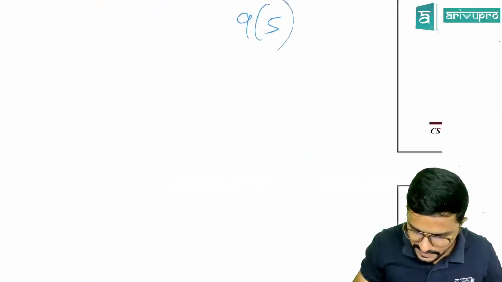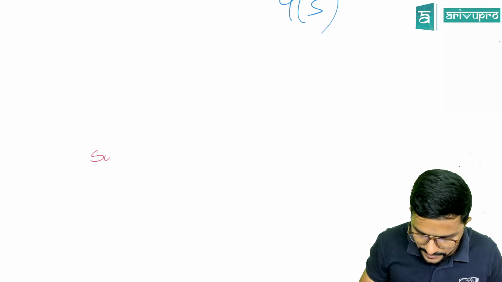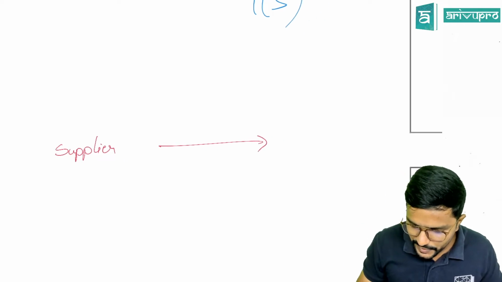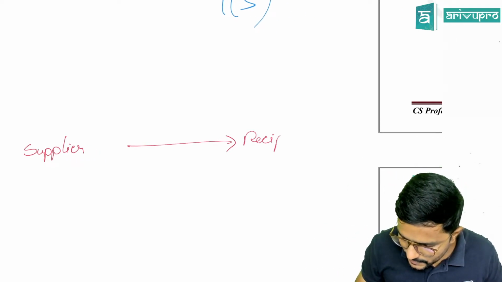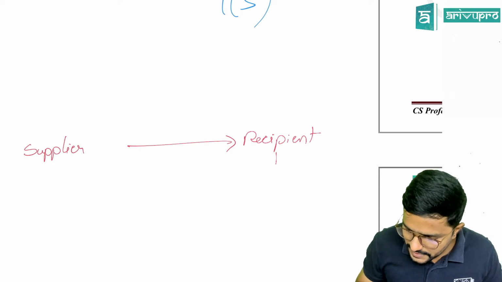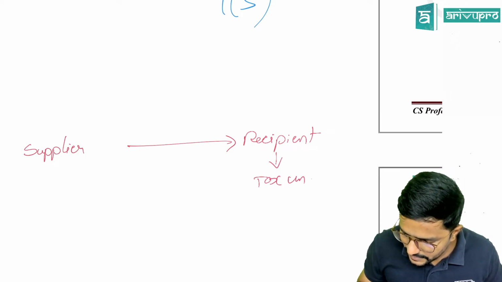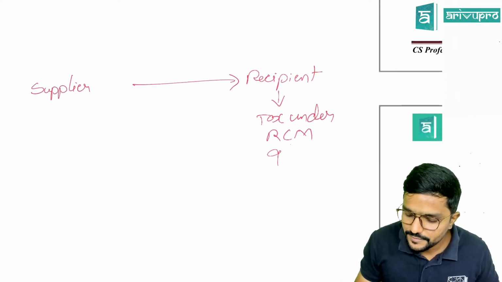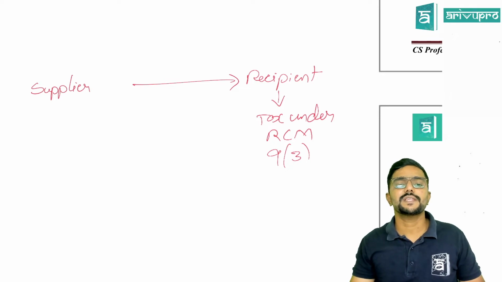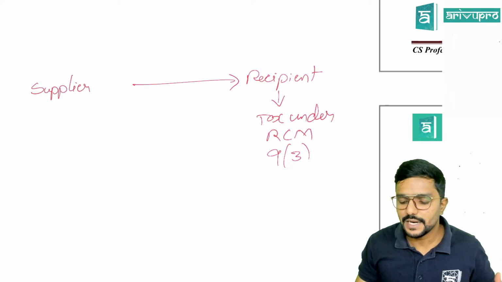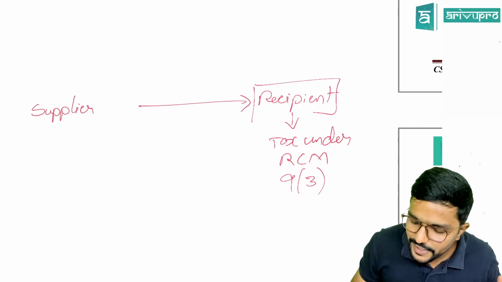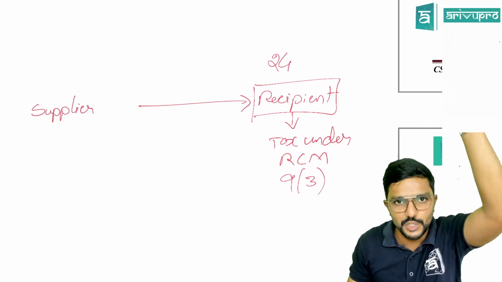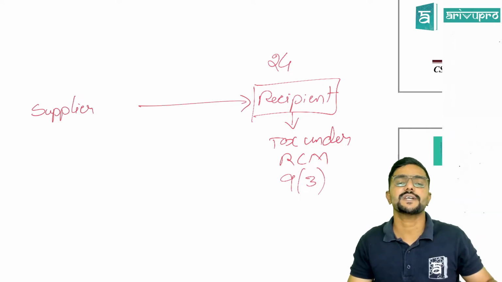What they are trying to convey in this point is, see, I am the supplier who has supplied goods or services to a recipient, on which the recipient will pay tax under RCM, as per section 9(3). Who is paying tax? Recipient. In that case, the recipient should get registered, as mandatory registration under section 24. That is what is given in section 24. Recipient should get registered under 24.